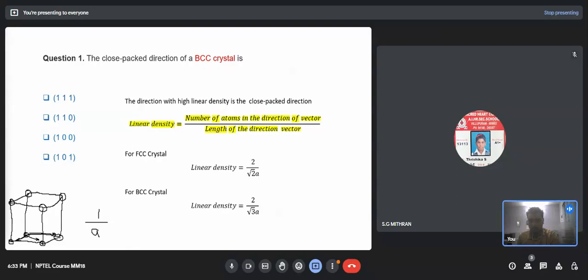This one is the y-axis. Just write LD for y also, for x also, and for z also. It will be 1 by a. What about this one? One atom is there, and it will be LD.